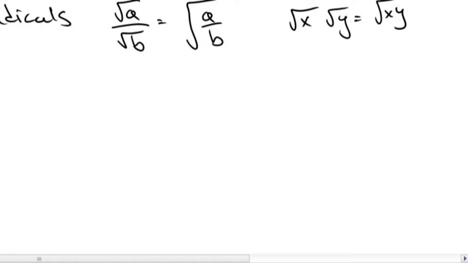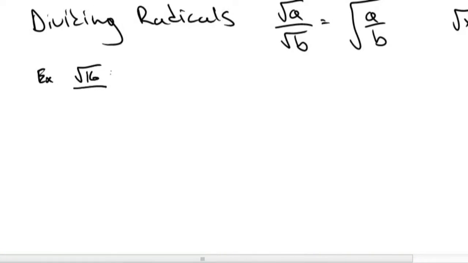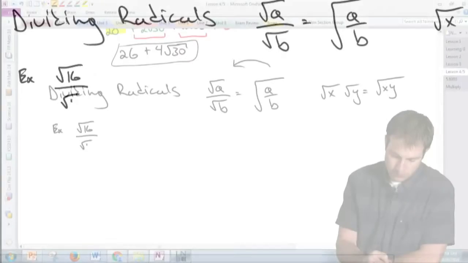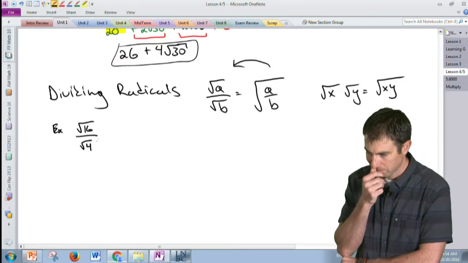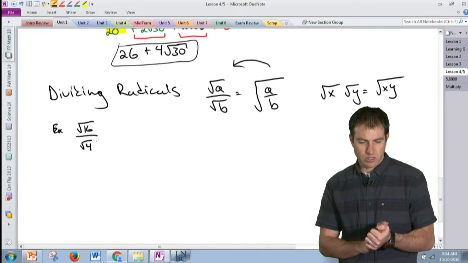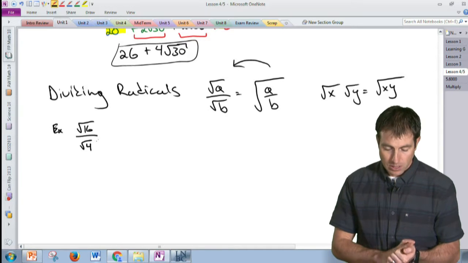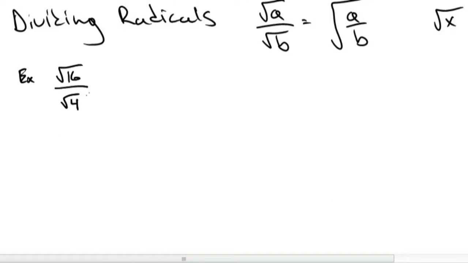Let's say I had something like this. Root 16 divided by the square root of 4. I'm actually going to do this one twice. I think it's easier that way. So from what I just wrote up above, I can write it as root of 16 divided by 4.